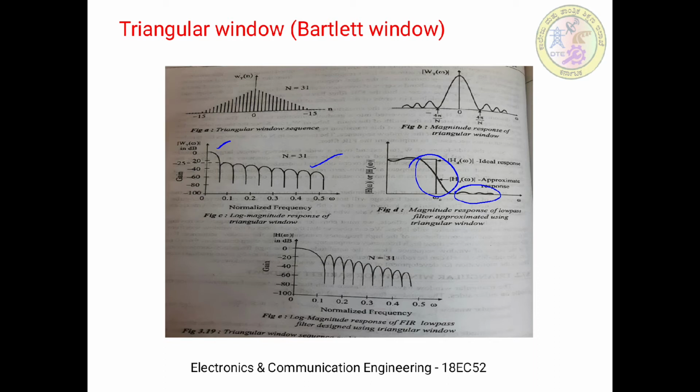So in comparison with the rectangular window, first of all the transition is not that steep, and also the attenuation in the stop band is less than that produced by the rectangular window.